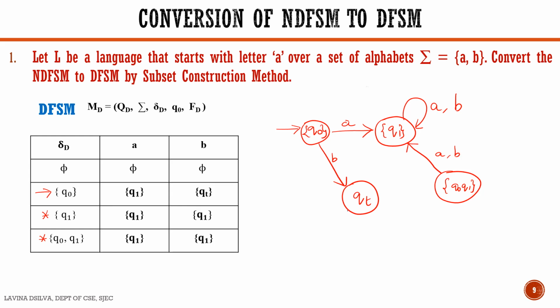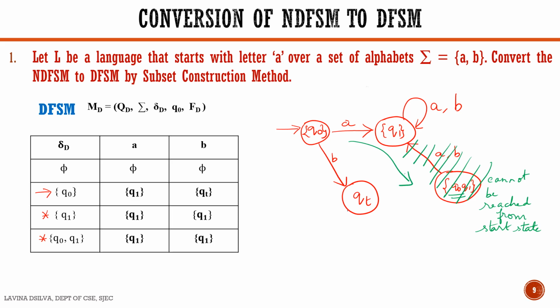But we can see that this state cannot be reached from the start state. Therefore, we can eliminate it from the final transition diagram. There is no way you can reach here, right?